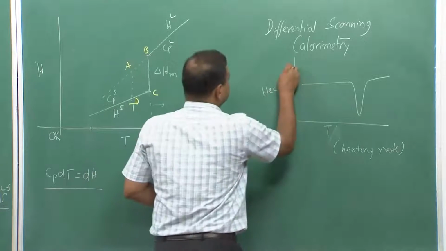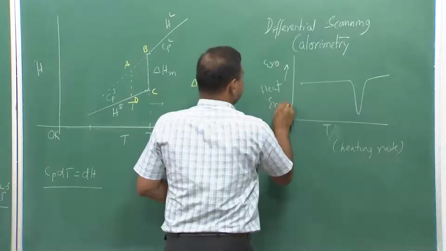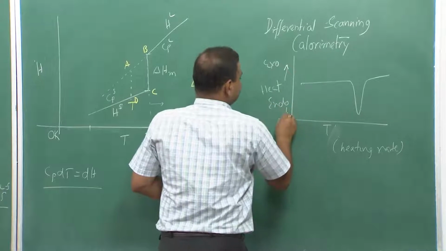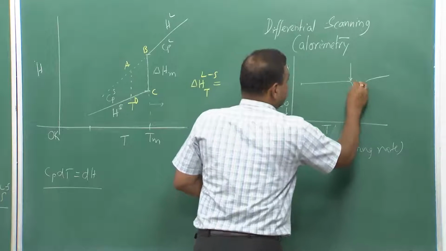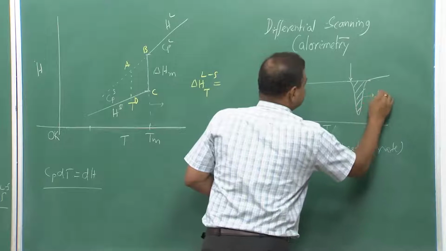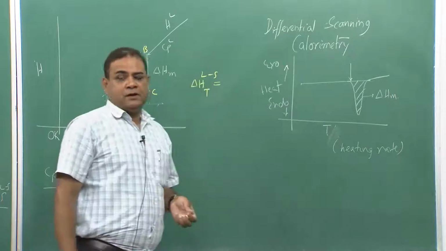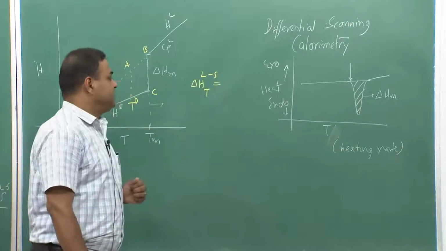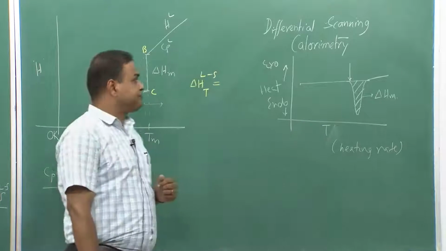Now, if this is my exo heat, then this is endo heat, so at the lower side, and this would be my melting point, and the area under this graph is nothing but del H m.